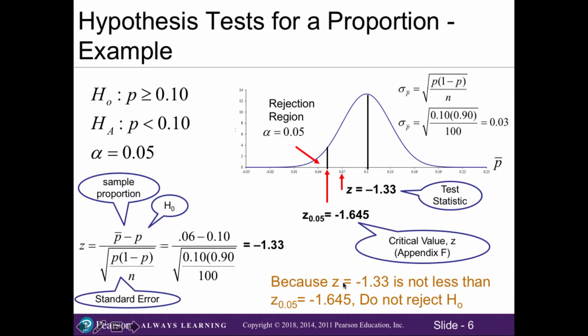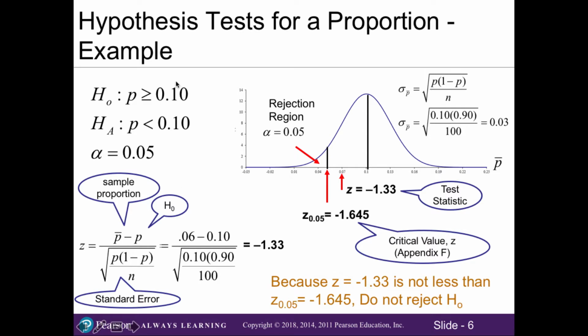So because our Z test statistic of negative 1.33 is not less than our critical Z value of negative 1.645, we do not reject the null. Again, because my test statistic here is in this area, not in the rejection region, we do not reject the null. And so that's our decision.